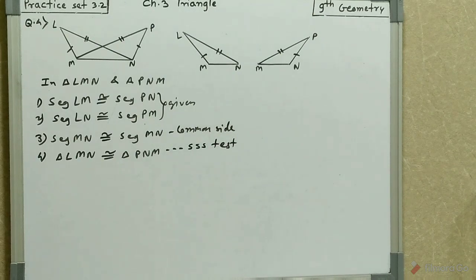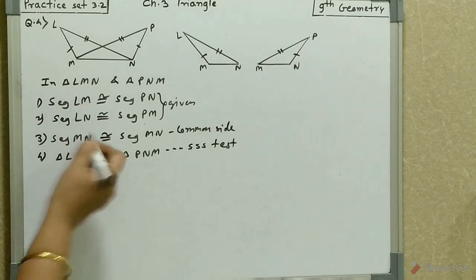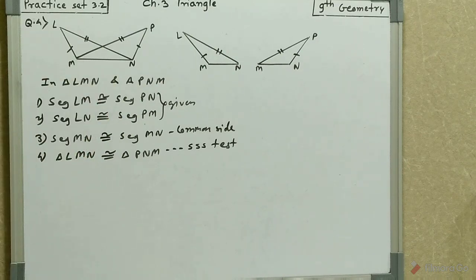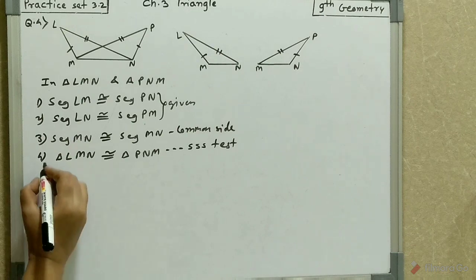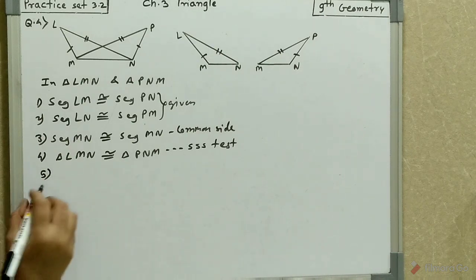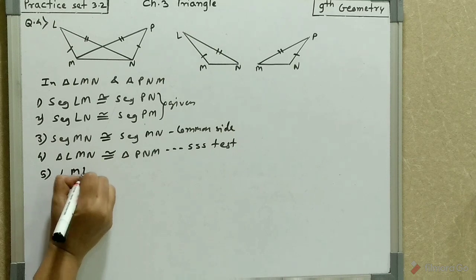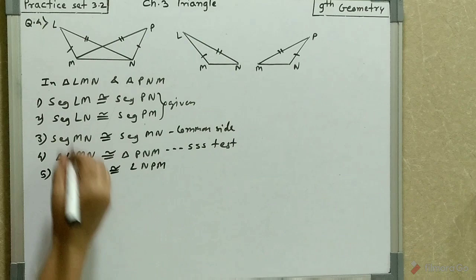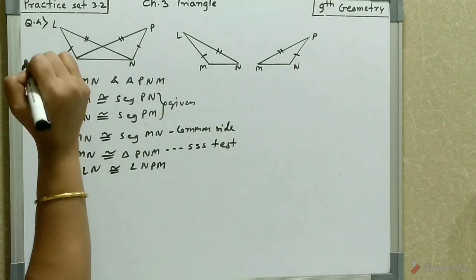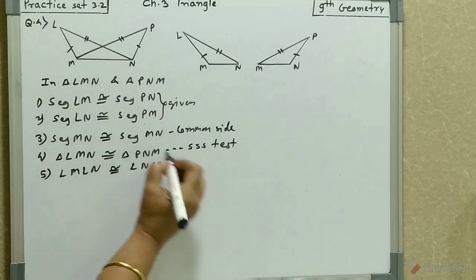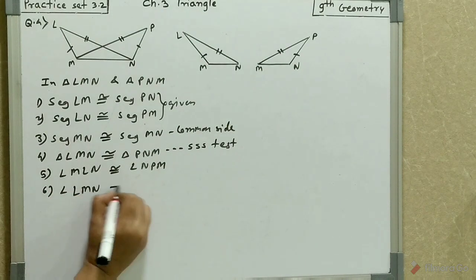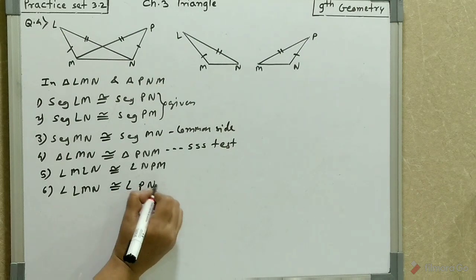Now, next we are required to write the remaining congruent part. So what is the remaining? Here three sides are congruent, so what is the remaining? That is all the angles. So I write next, angle MLN congruent to angle NPM. Now the second one, angle LMN congruent to angle PNM.